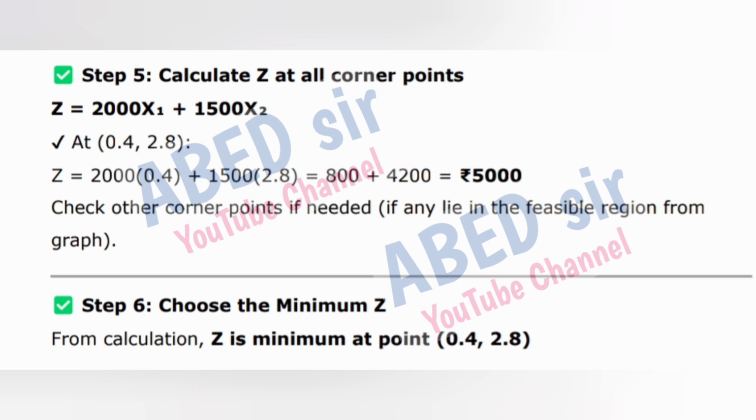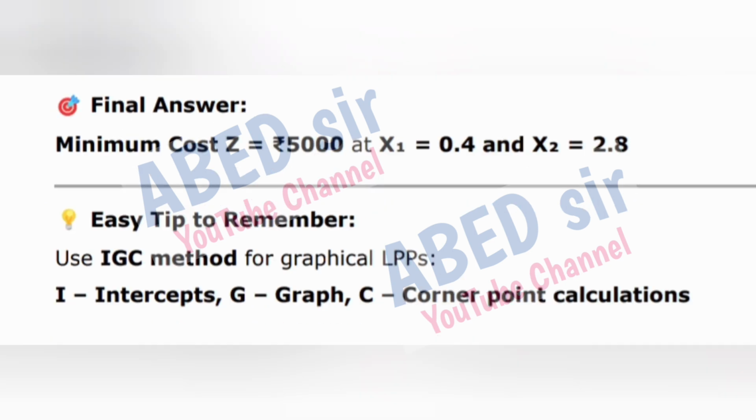Check other corner points if needed, if any lie in the feasible region from the graph. Step 6. Choose the minimum Z. From calculation, Z is minimum at point (0.4, 2.8). Final answer: minimum cost Z is equal to 5000 rupees at x is equal to 0.4 and y is equal to 2.8.